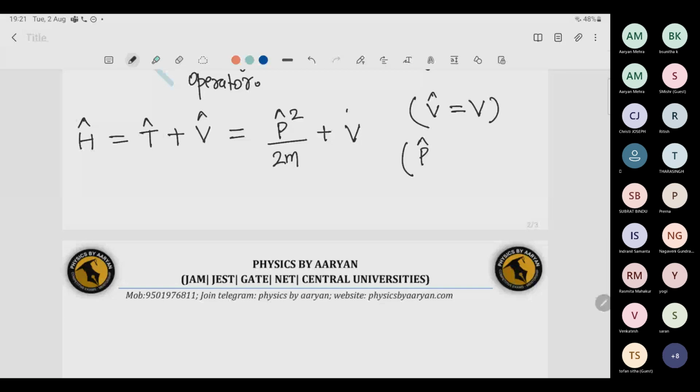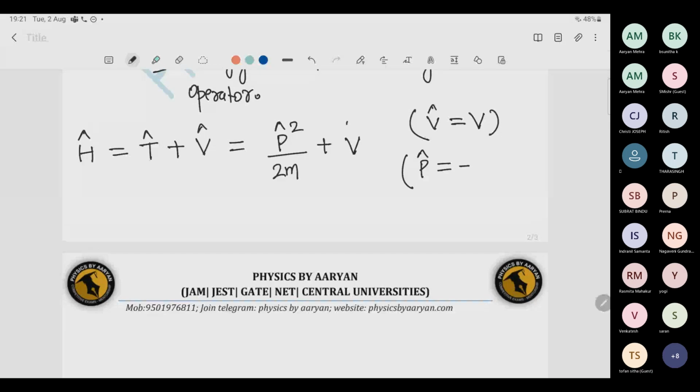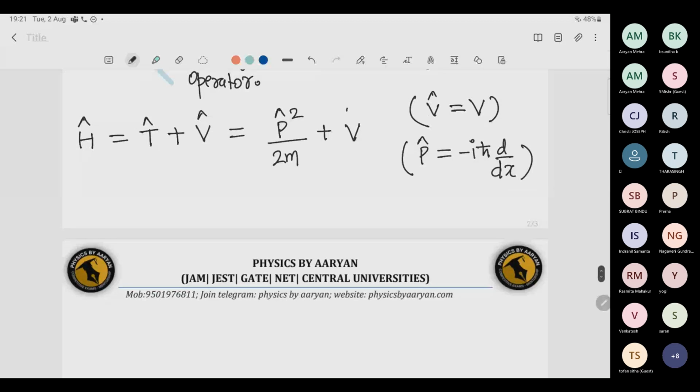Now, what is this P operator? You do not need to go into the derivation. You just need to remember, it is minus i h-bar d by dx. For the beginning, you should at least remember that this is your momentum operator. So what will be our Hamiltonian then? Just square it.